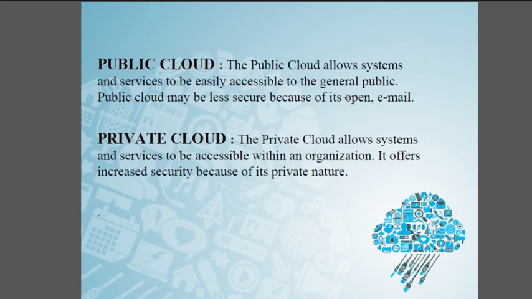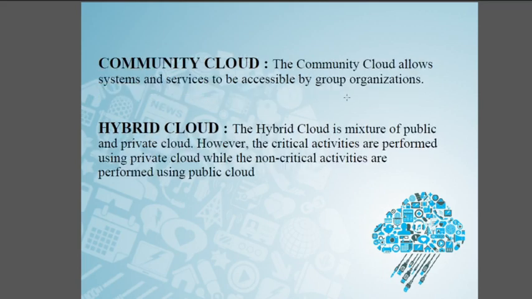Second, private cloud. As compared to public, it is more secure and offers increased security because it is private in nature. Private clouds allow systems and services to be accessible within an organization. Any company or organization will use its private cloud because they don't want to leak their data or show it to the general public.